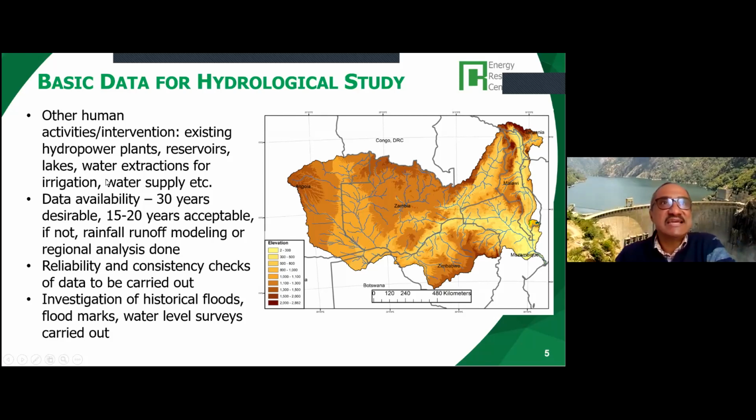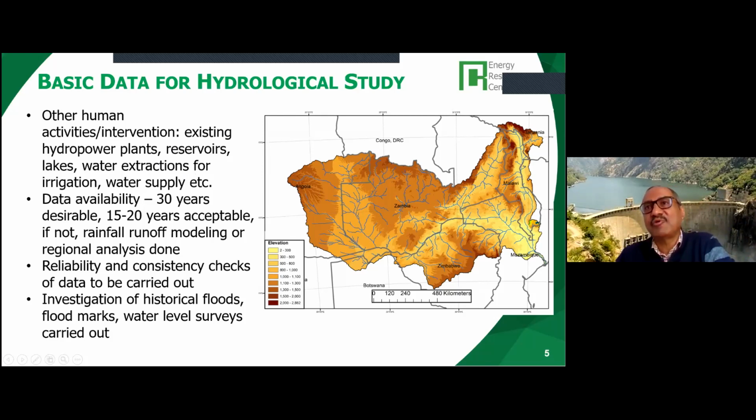So other basic data, as I mentioned, is other human activities. We have to know what are the existing hydropower plants, because you don't want to disturb their flows. What are the reservoirs upstream? Because these reservoirs will control and regulate water. So it's important. What are the water extractions for irrigation?